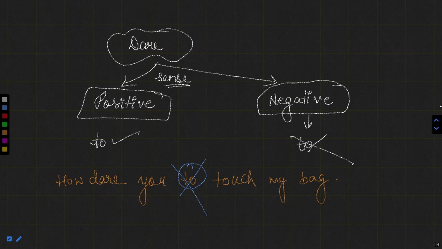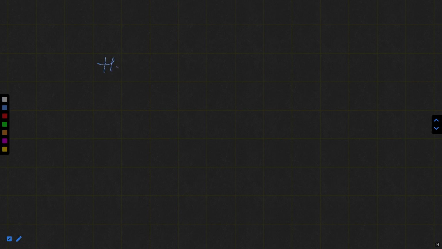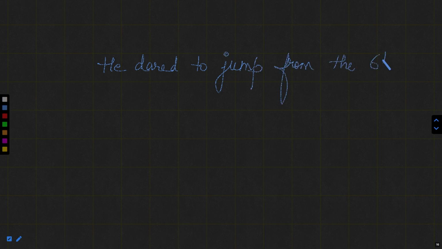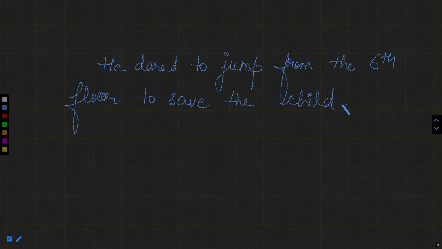But if I say, he dared to jump from the sixth floor to save the child. Now, in this sentence, you can see that someone, just to save the child, he dared, it means he showed his courage.